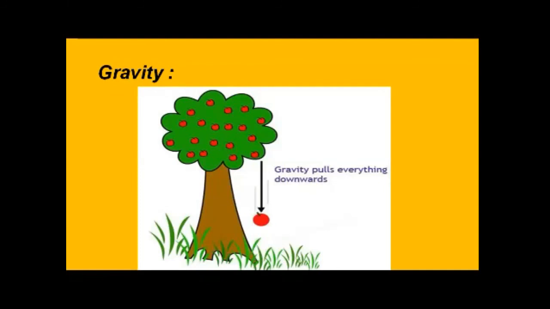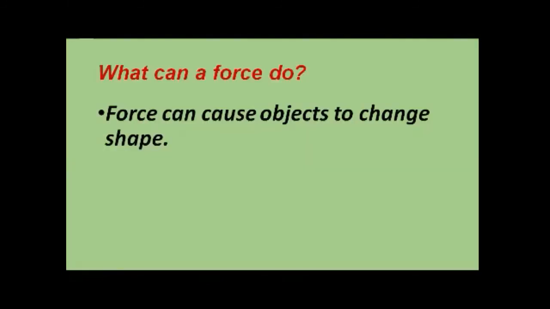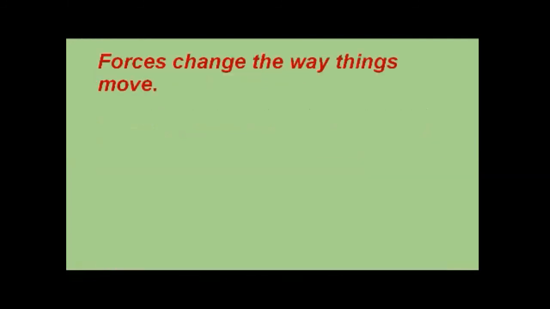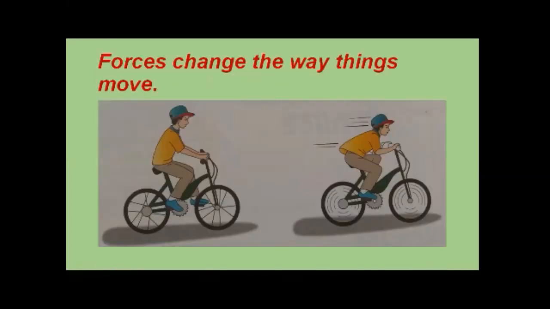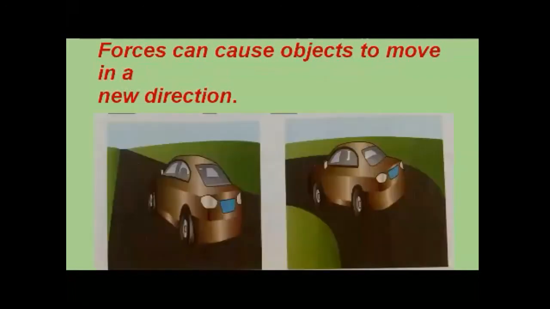Now question number three is what can a force do? Force can change the shape, force can change the direction, and force can change the way things move. Force can cause an object to move in a new direction. By force we can change direction.